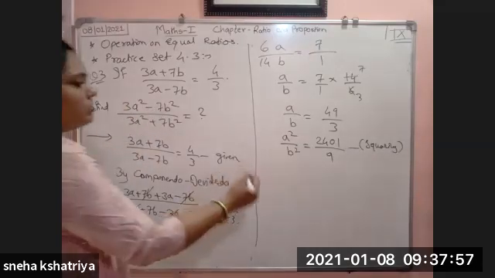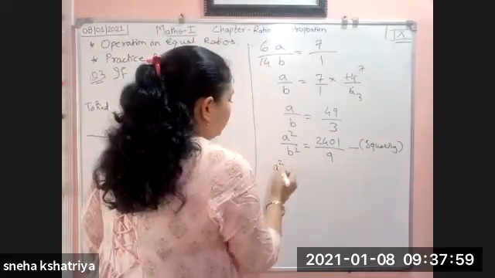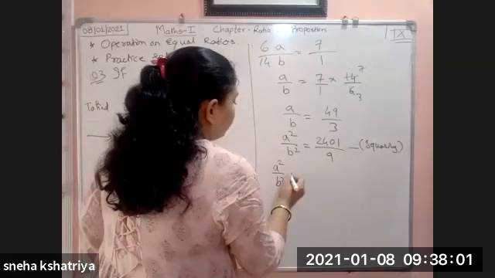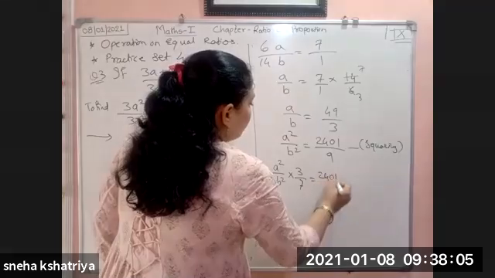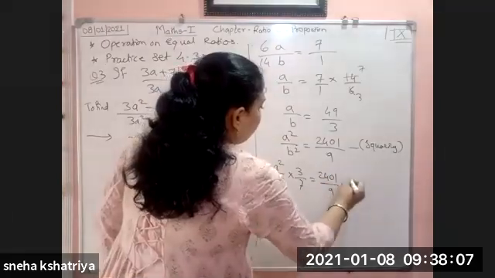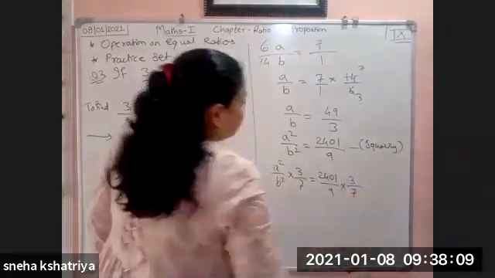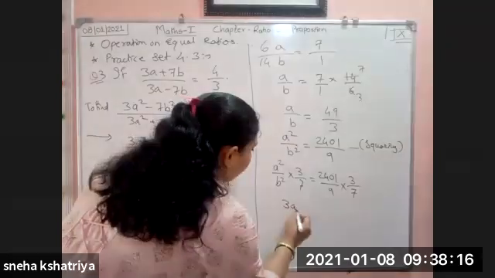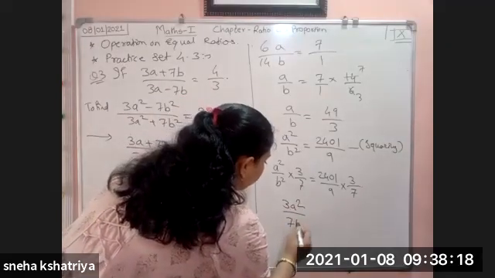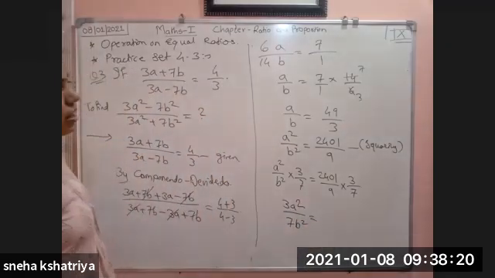It is 7. So multiply by 3 upon 7. So we get 3a square upon 7b square is equal to 2401 divided by 9 multiplied by 3 upon 7. Okay.